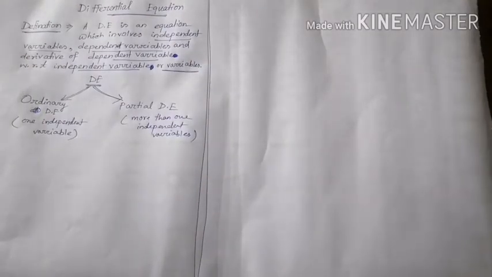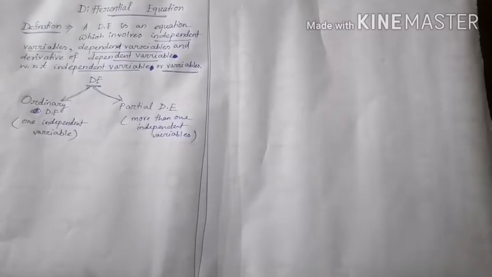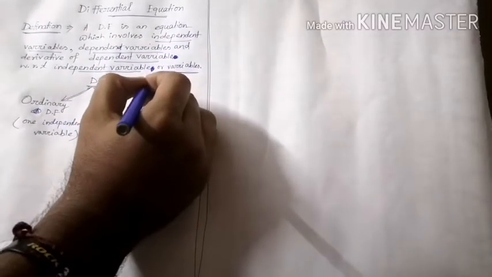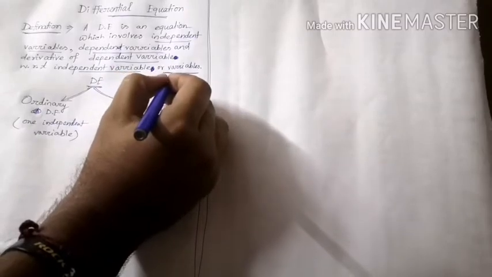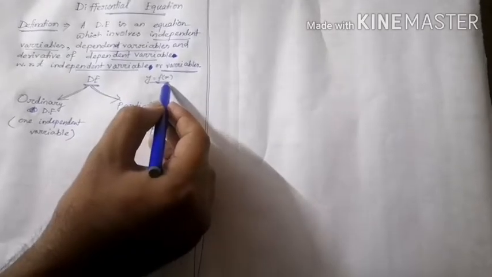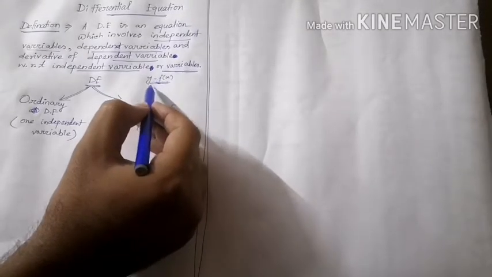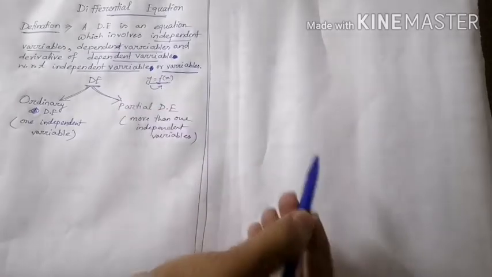Now next, what is an independent variable and what is a dependent variable? If we take y equals f of x, by using this we know that y is a function of x.